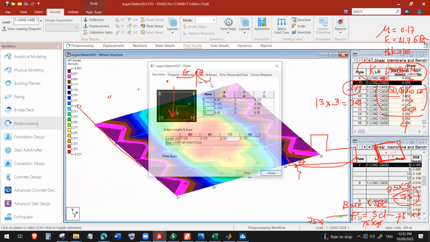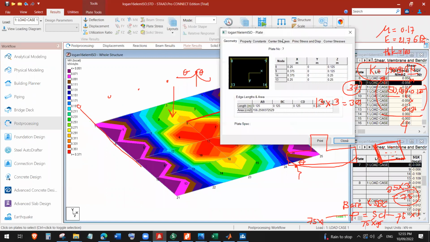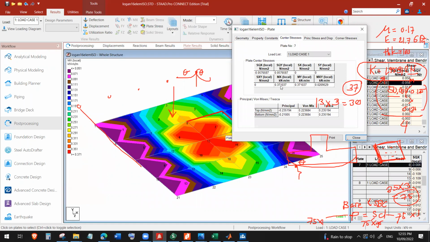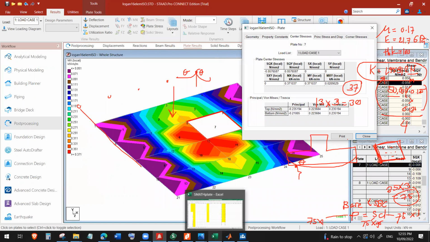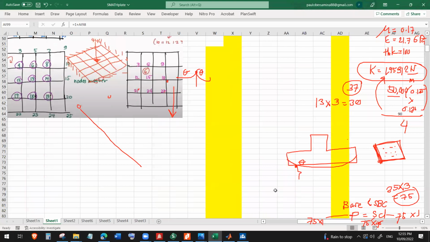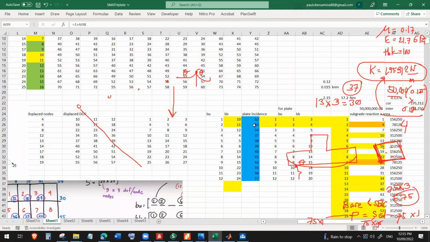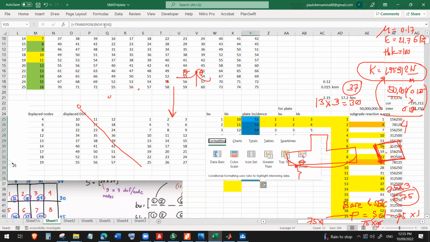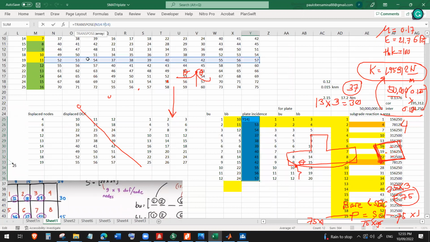Let's say I would like to verify the plate moment of plate number 7. So in our spreadsheet here, we'll just update this. Let's check if it's plate number 7. So I'll move here, corresponding to plate number 7, and Control Shift Enter, update.